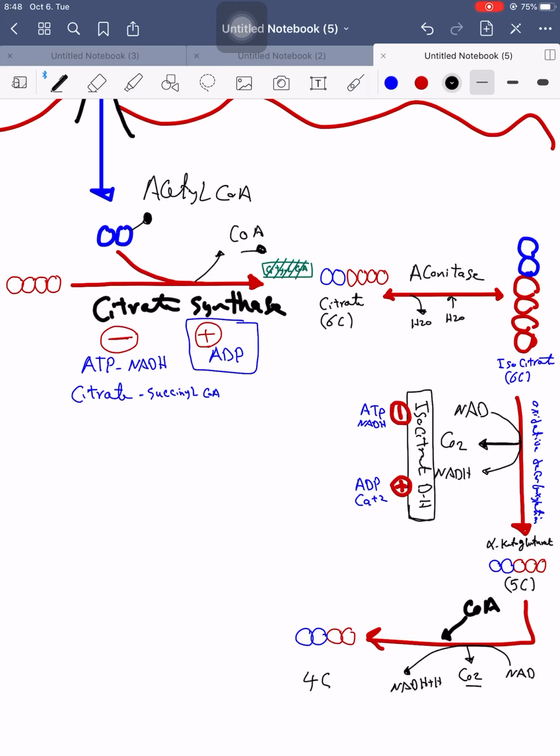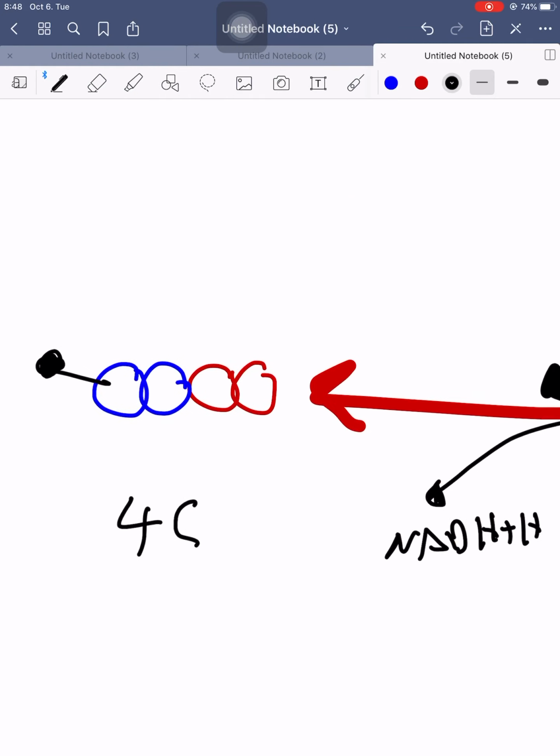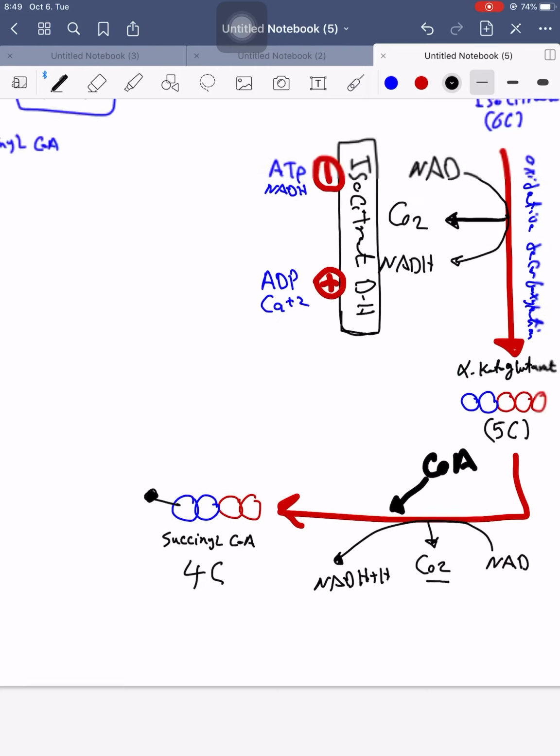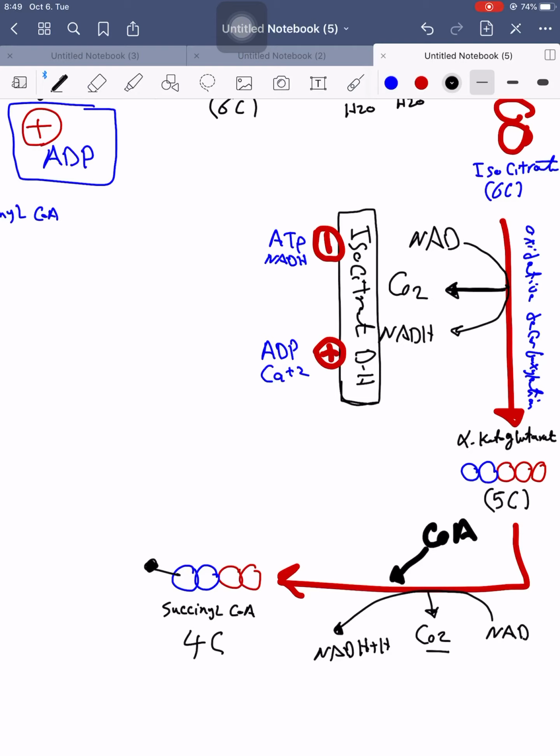Here is coenzyme A. So what do you think, guys, this one? That is the molecule called succinyl coenzyme A. That succinyl coenzyme A is kind of the oxidized form of alpha ketoglutarate.